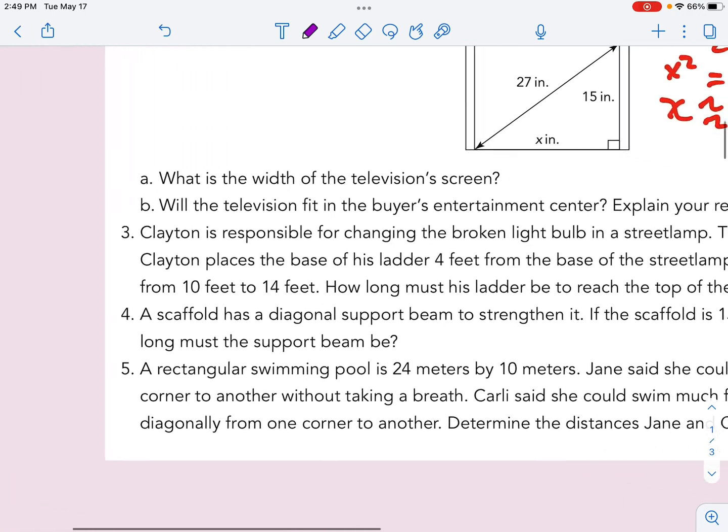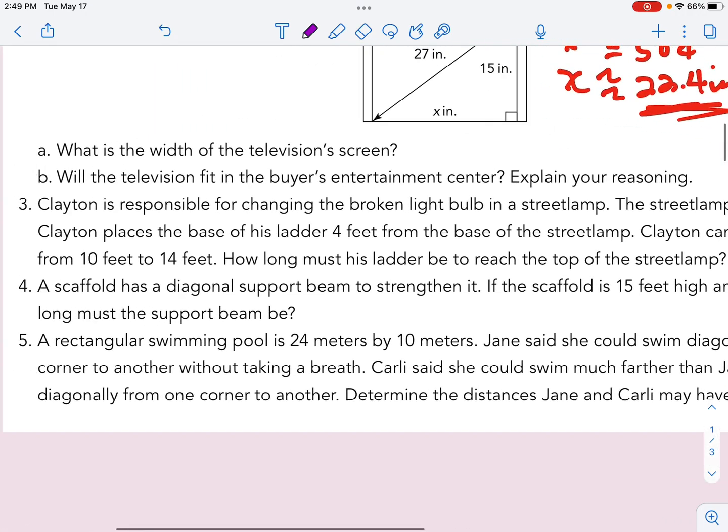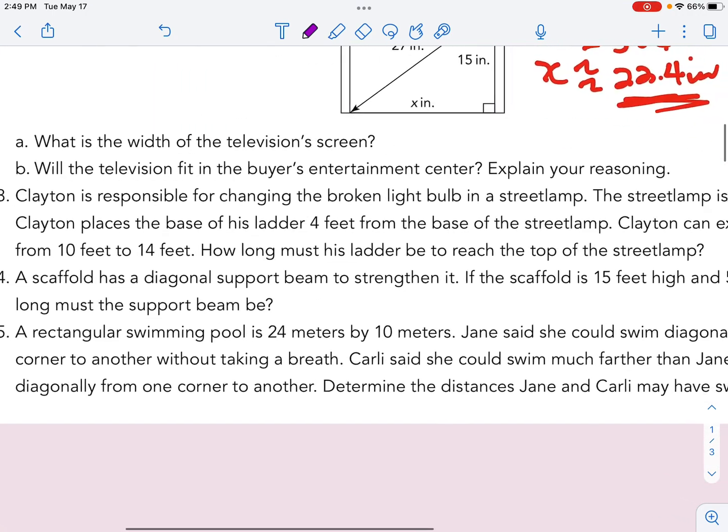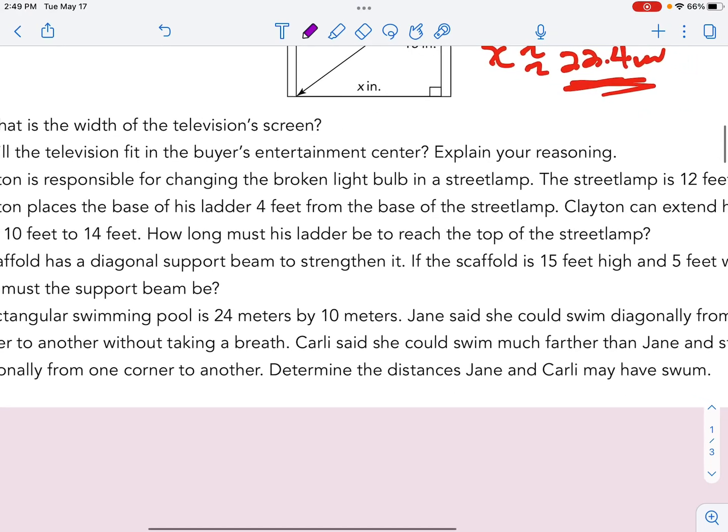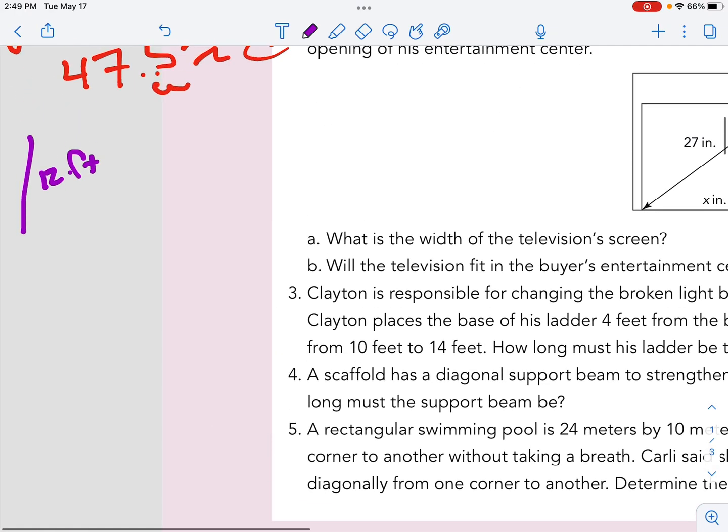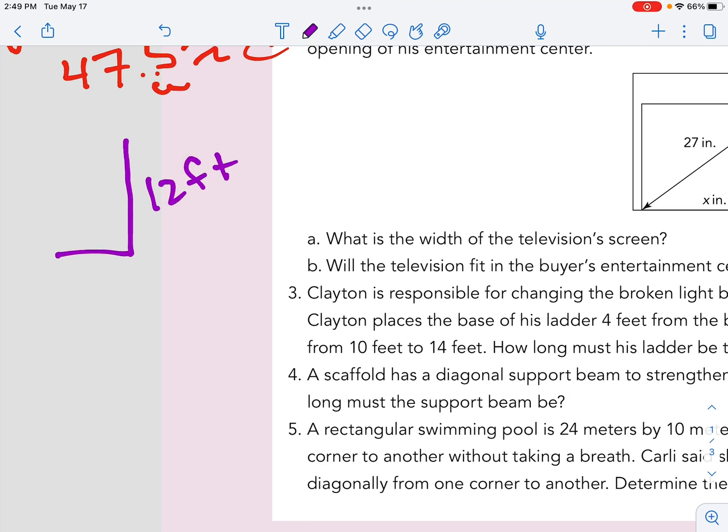Then it says Clayton places the base of his ladder 4 feet from the base of the street lamp. This drawing is really bad. Let me draw it better. Okay, it's 12 feet high, and he puts it 4 feet away.